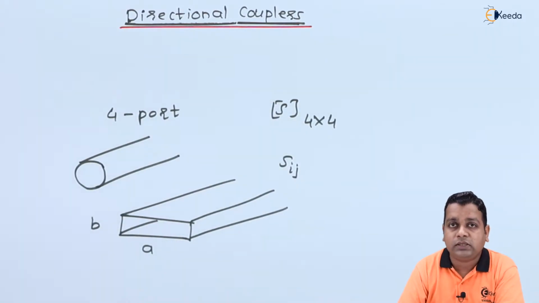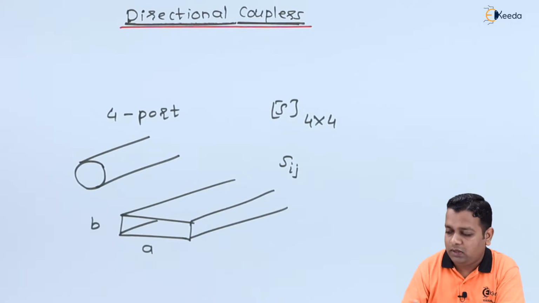See, in the directional coupler there are 2 waveguides used. The first waveguide, associated with the main flow of the microwave signal, is called the primary waveguide.